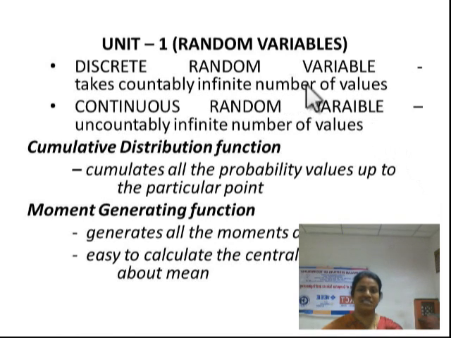The first unit consists of random variables, which involves discrete and continuous random variables. We know that the discrete random variable takes countably infinite number of values, but the continuous random variable has uncountably infinite number of values.